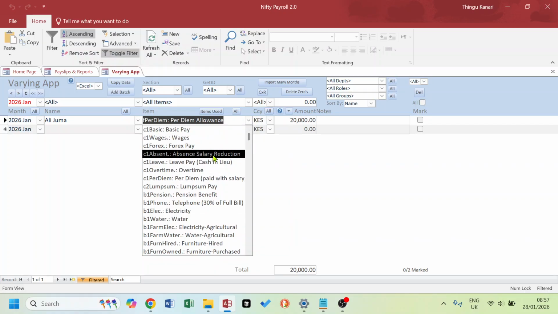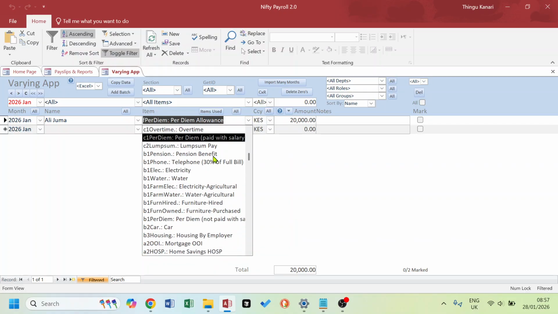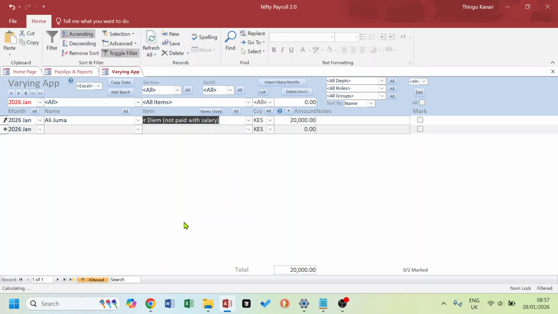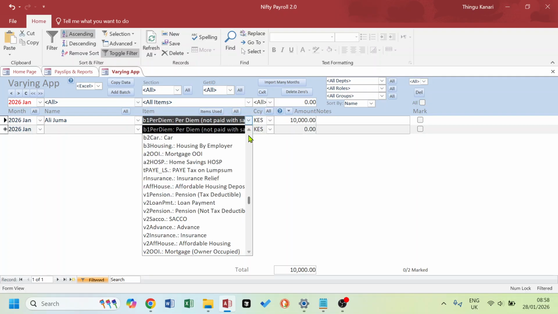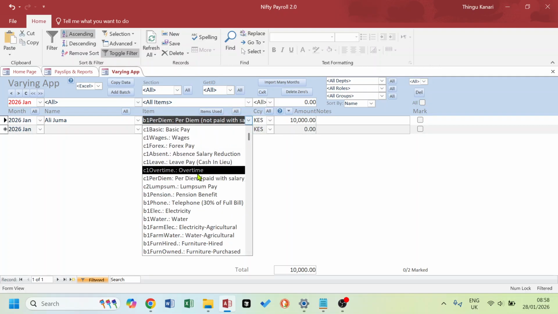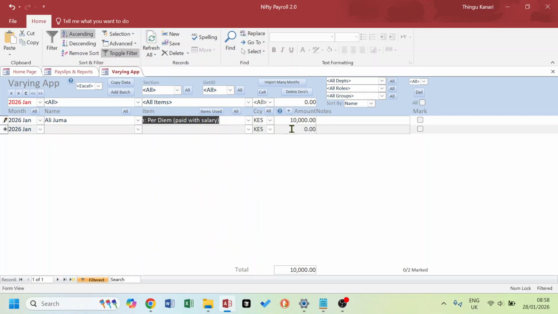The taxable bit, the 10,000, should go in as a benefit. So originally, this was as cash so that it could reach his net cash.